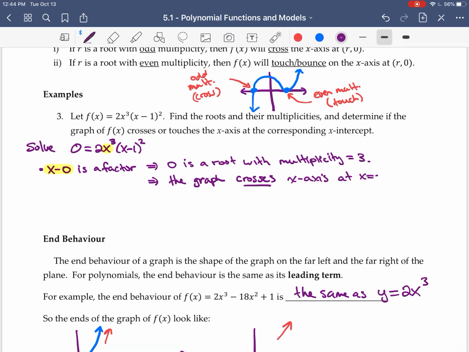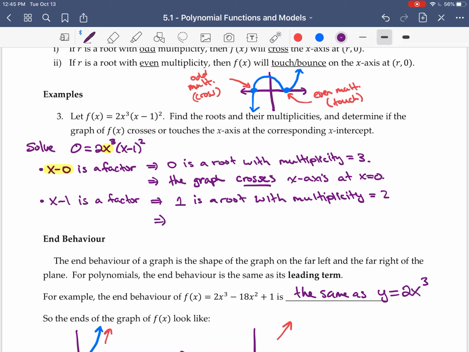So we're going to cross there. Now the other factor we have is x minus 1. That means that x equals 1 is a root, and this one has multiplicity equal to 2 because of the exponent.